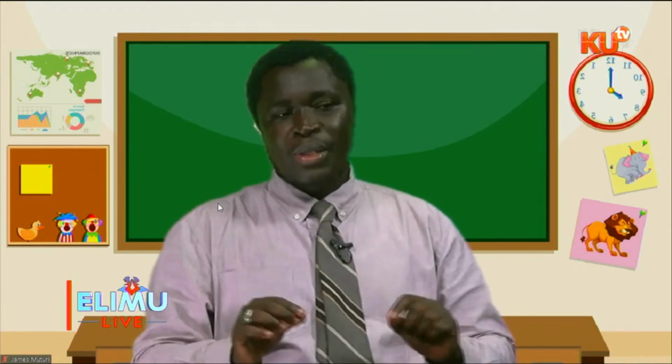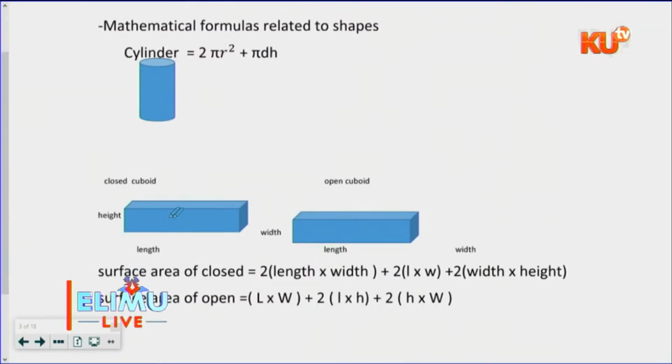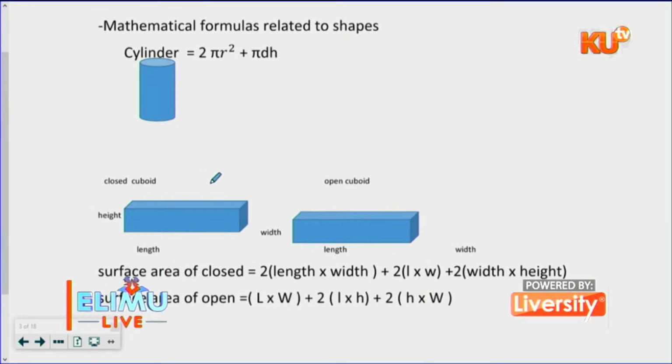We are going to see how we always put the formula. Now we come to this face facing us. This one is also in a rectangular shape, and it has another face on the other side, exactly the same as the first face.